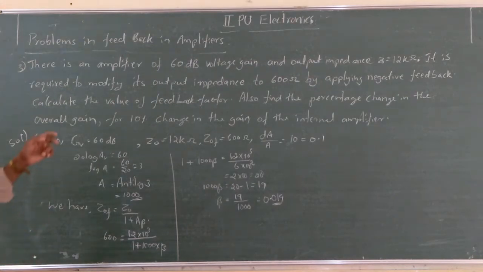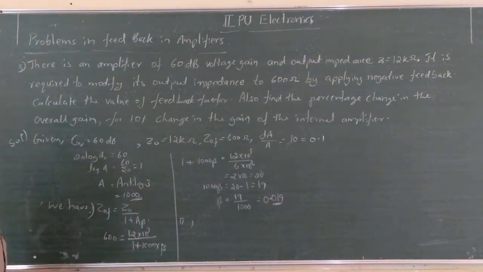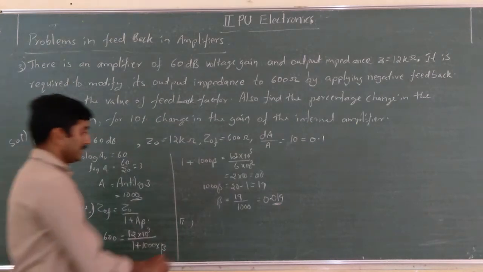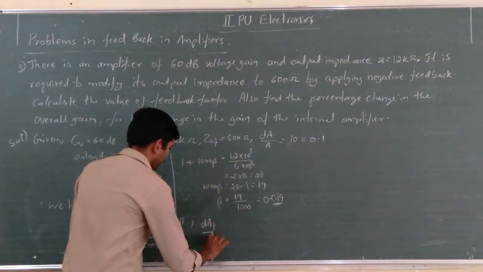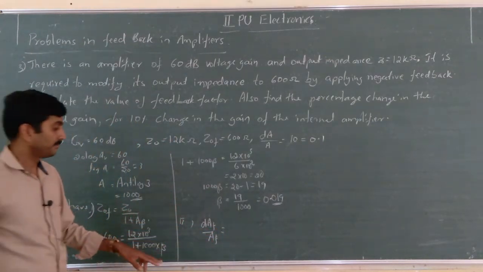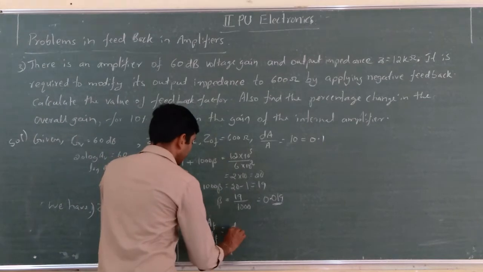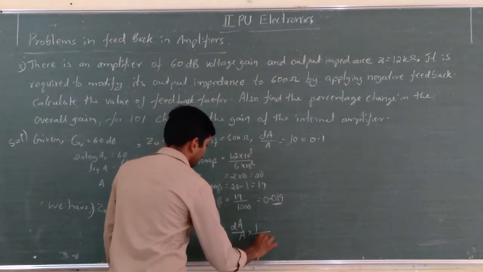Next, find the percentage change in the overall gain. The second thing is the percentage change in the overall gain, that is dAf by Af. The overall change in gain with the feedback is dA by A into 1 divided by 1 plus A beta.